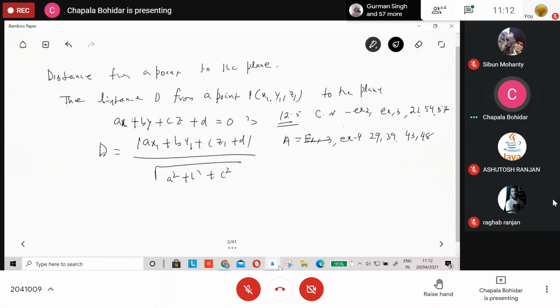Example 2, 3 are done or not? Let me see. Example 2, yes, it is done. The symmetric equation and passes through the point. Example 2 done. Then example 3 also done. Okay, this is over.